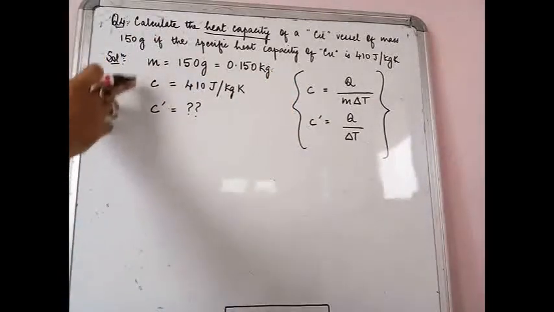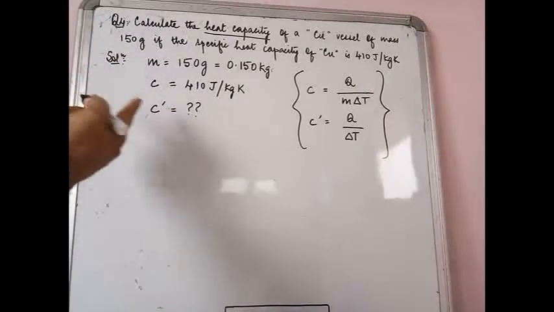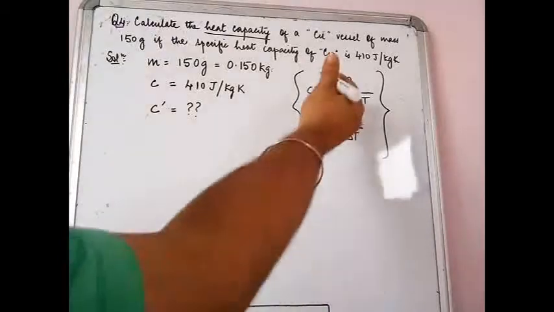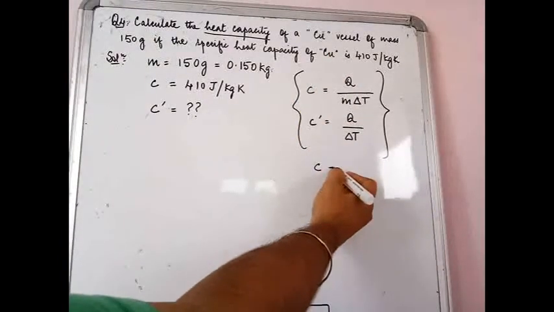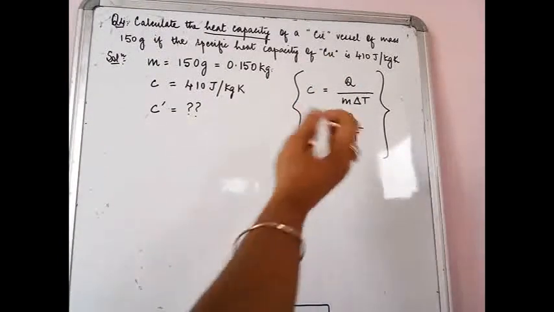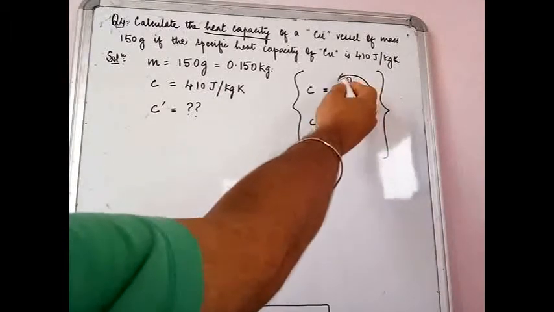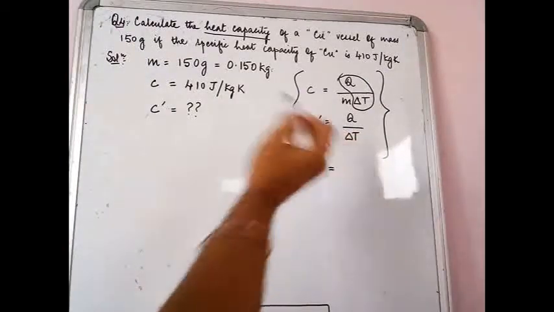You see, in our question there are only two things that are known, M and C, and we have to get C dash. So when you look at this particular formula, the first line says C is equal to, now you see this Q upon delta T, this portion is nothing but your C dash.